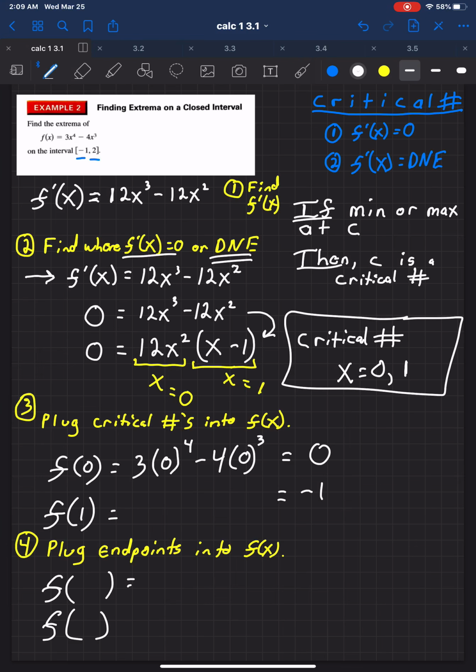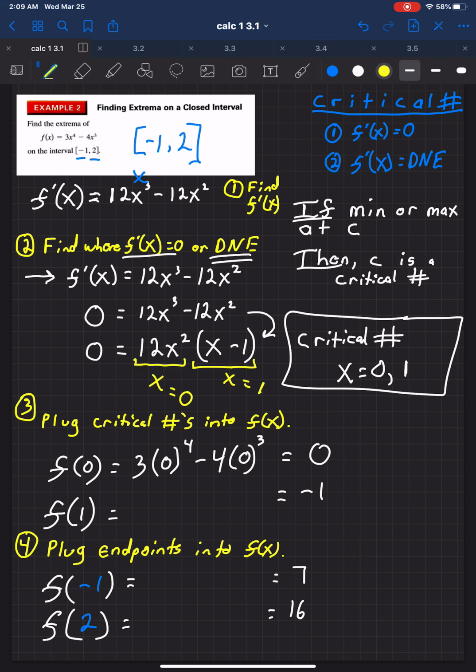The interval is from -1 to 2, which means x starts at -1 and x stops at +2. So we want to plug in the endpoints, -1 and +2, and let's say what pops out. If you plug in -1, you get out a 7. And if you plug in +2, you get out a 16.